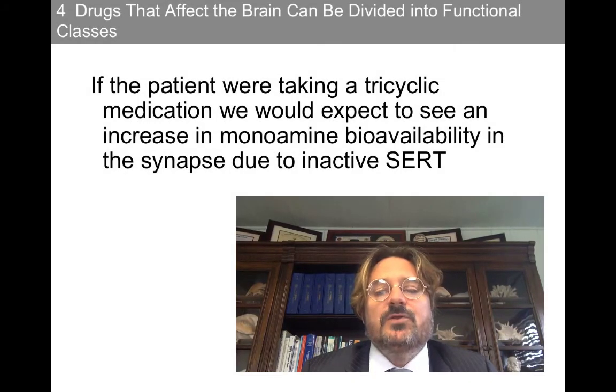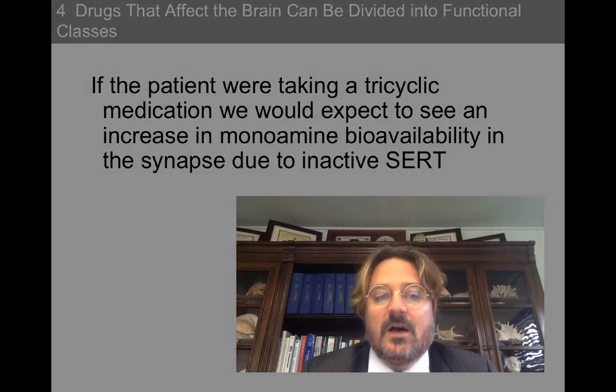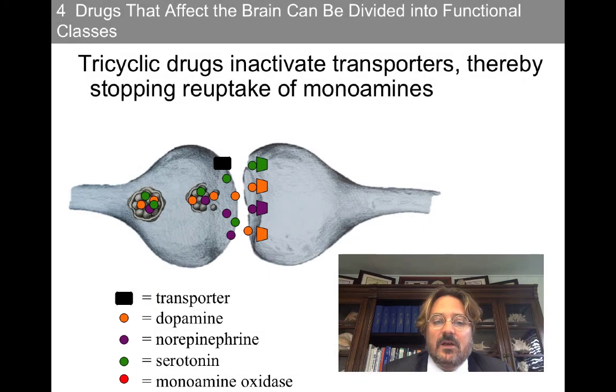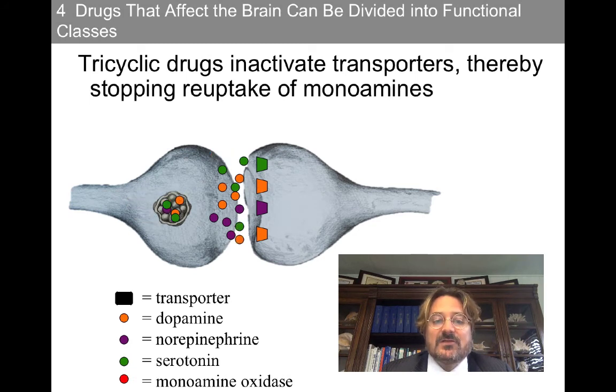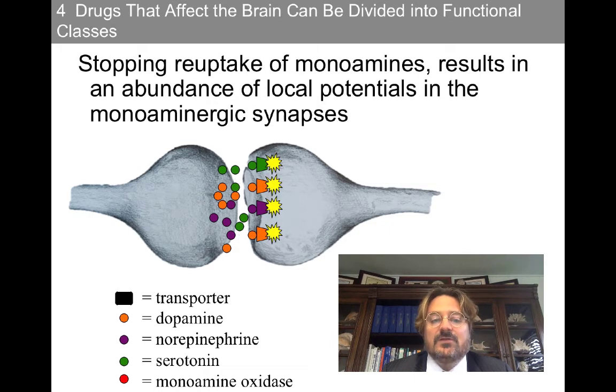Now, if the patient were taking tricyclic medication, we would expect to see an increase in the monoamine bioavailability. And here we see the inactivation of the transporter. And as a result, we end up with an abundance of these neurotransmitters. So we're going to have heightened activity due to the bioavailability, for serotonin, norepinephrine, and dopamine.